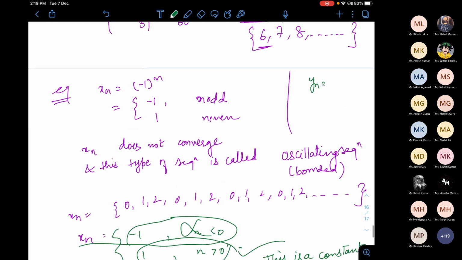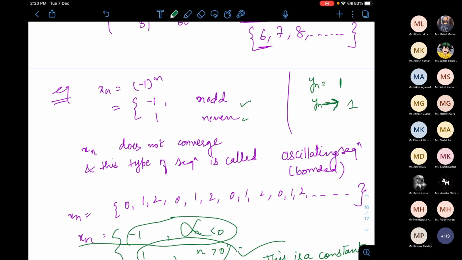What I was trying to observe here: let's suppose I have taken y n to be a sequence equal to 1. Then we say y n converges to 1. But as soon as I add one more point, the sequence does not converge. So from the limit definition, we conclude that the limit is unique.